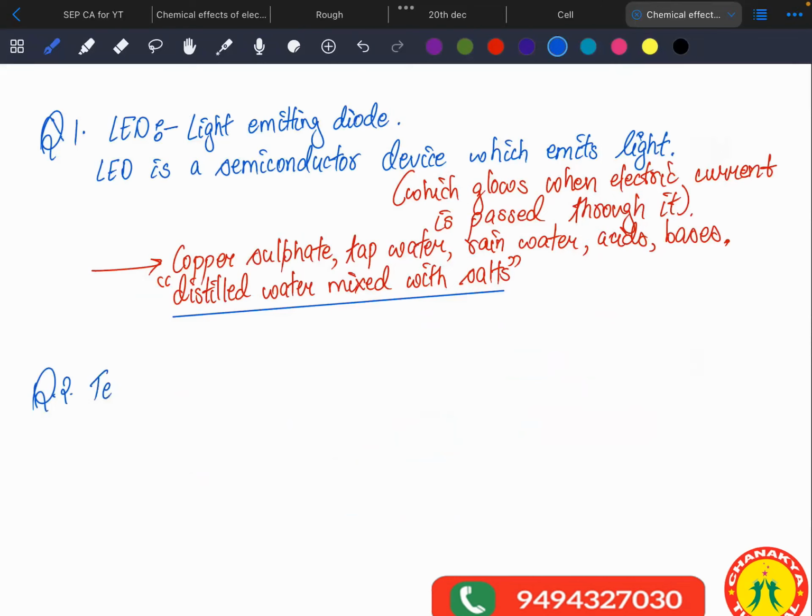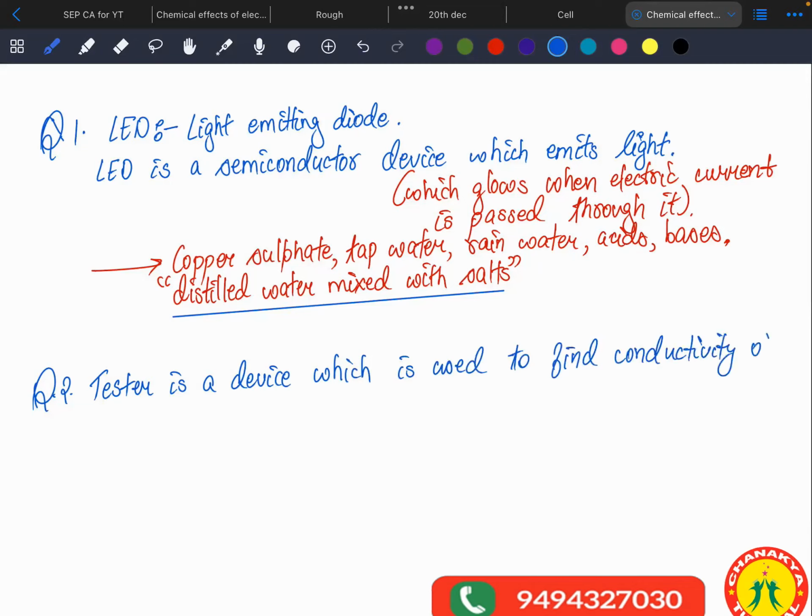Instead of object, you can say it is a kind of device which is used to find the conductivity of a material.